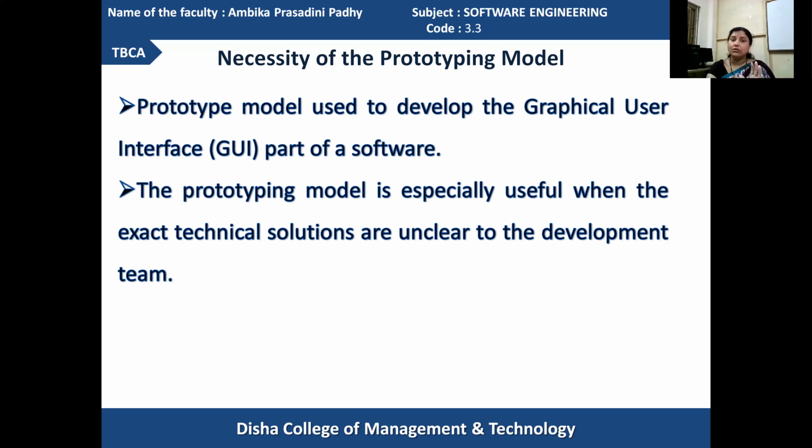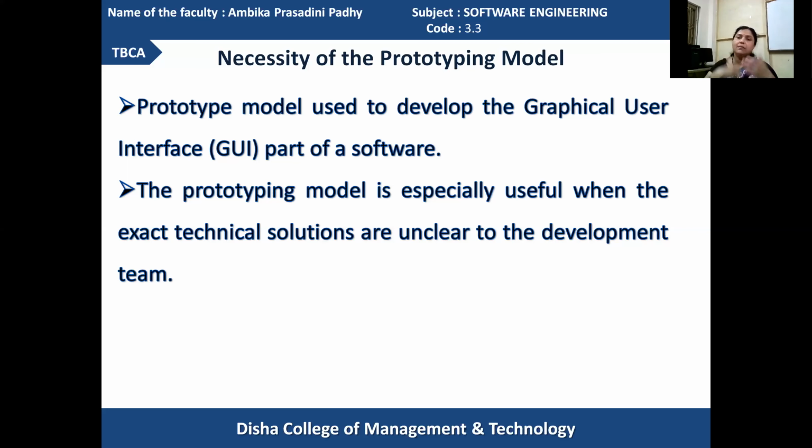It is also useful when the exact technical solutions are unclear to the development team. When the technical solutions are not known to the development organization, then the prototype model can be easily implemented there, because it creates a prototype, operates on it, and applies real data inside it. If it does not work, make the modifications.